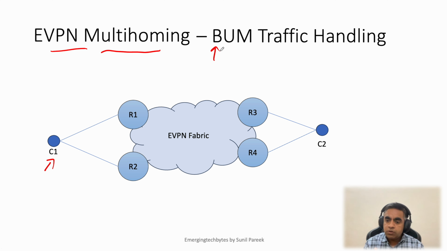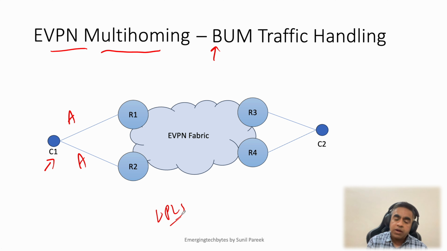With respect to multi-homing, the benefits that EVPN provides are active-active links and active load balancing, and this was not easy with the predecessors of EVPN like VPLS. If you wanted to achieve the same thing with VPLS, it was basically not possible.